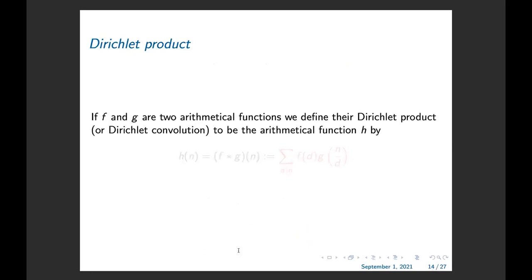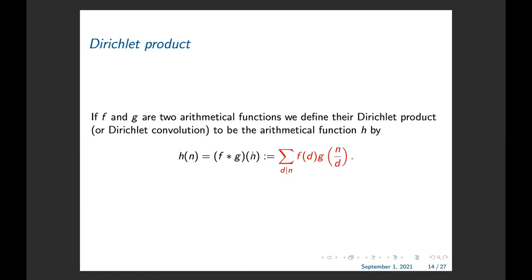So now we introduce one product which is known as the Dirichlet product. This product is very useful in the theory of arithmetic functions because this product is used to produce more arithmetic functions. So for example, we can say that if f and g are two arithmetical functions, then their Dirichlet product, or maybe you can say Dirichlet convolution, is the arithmetical function h, which is written like this, f asterisk g.